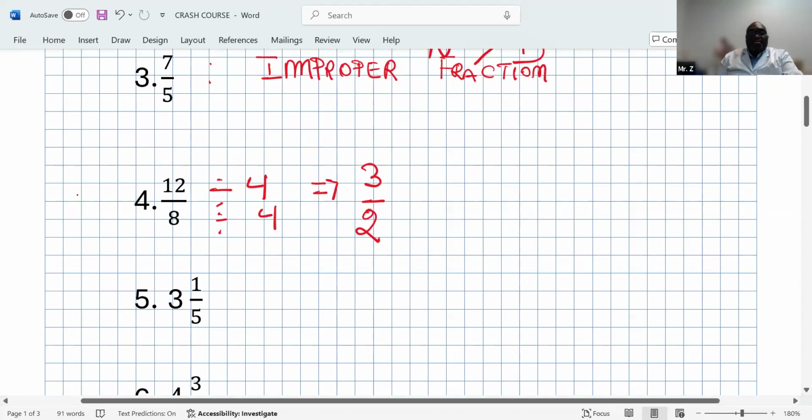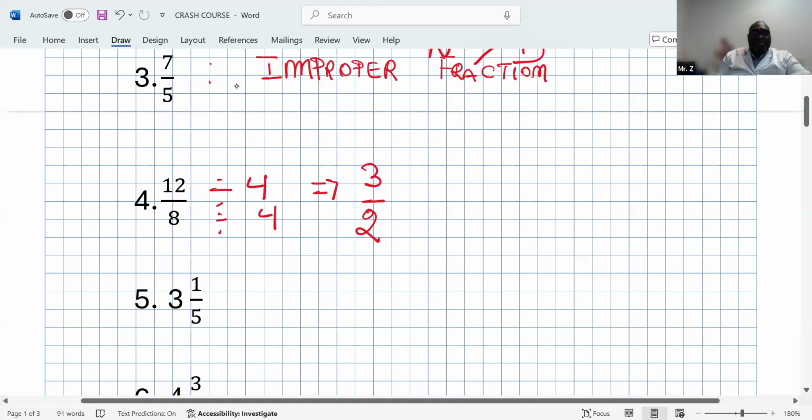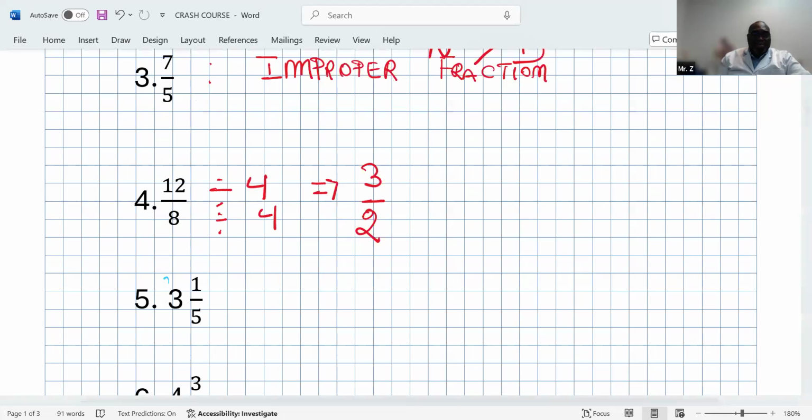A mixed number is a type of fraction where you have one part that is a whole number. In this case right here, 3. 3 is your whole number. Okay? So 3 and 1/5 is a case of a mixed number.